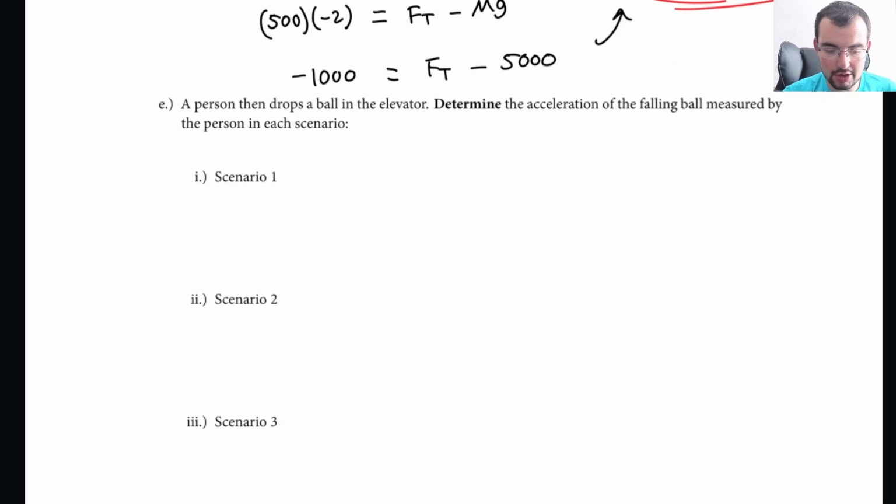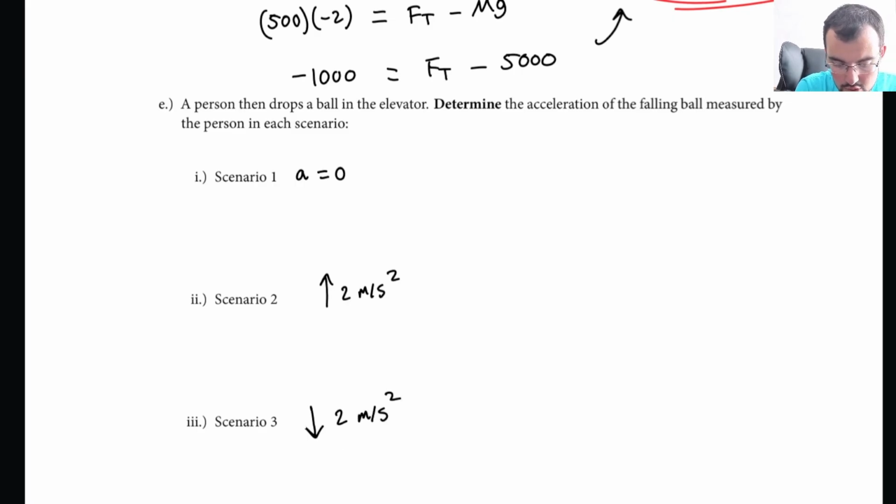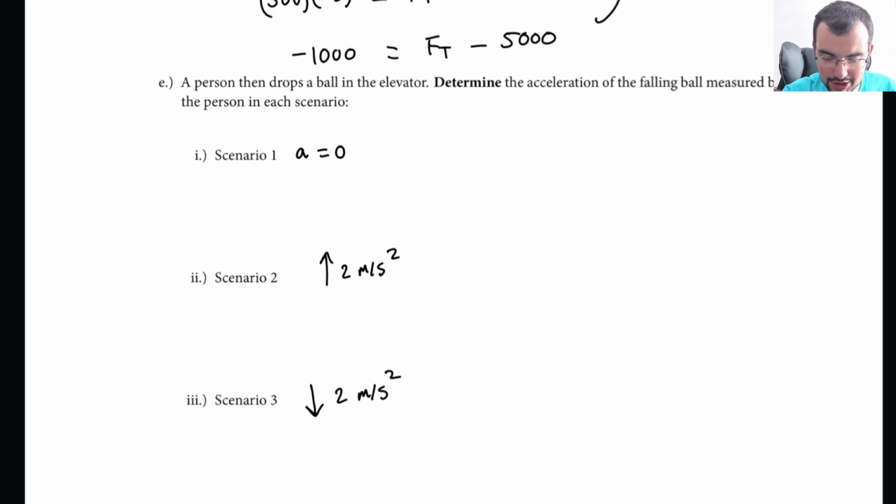So scenario 1, this was 0 acceleration. Scenario 2 was this acceleration. And scenario 3 was this acceleration. So what would a person in the elevator measure?